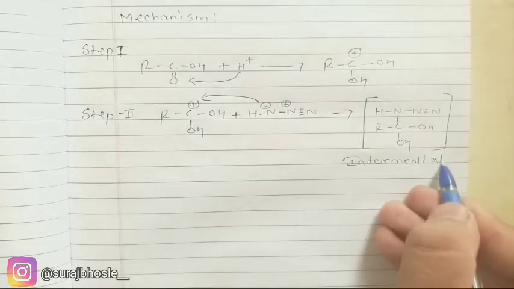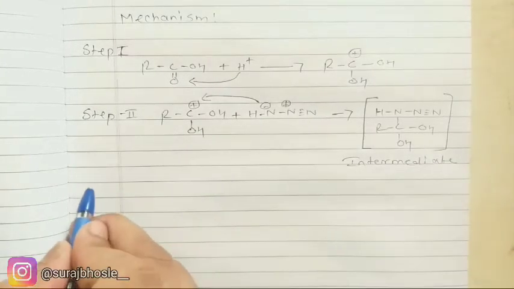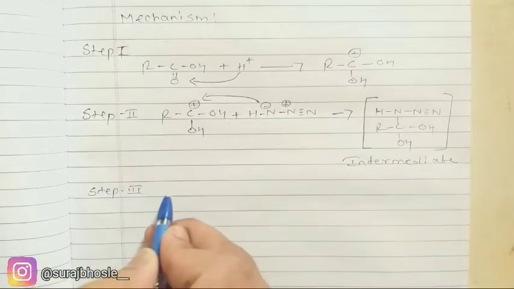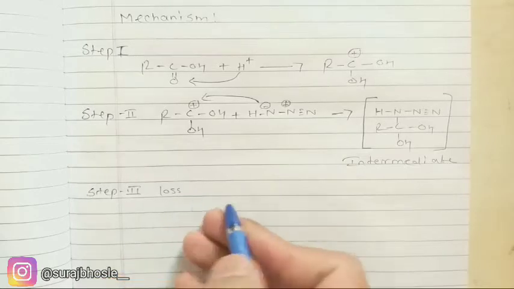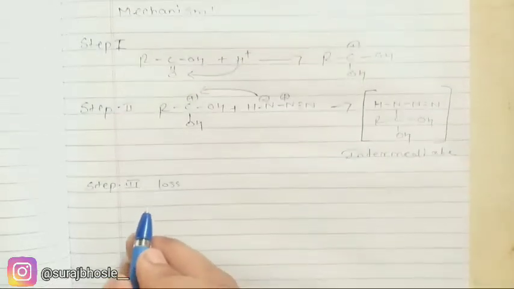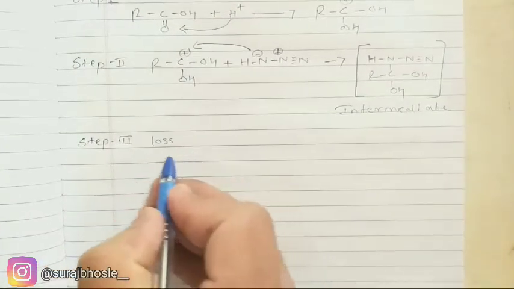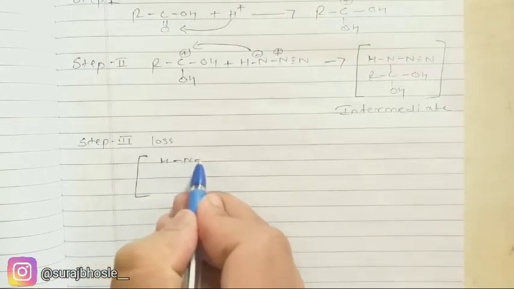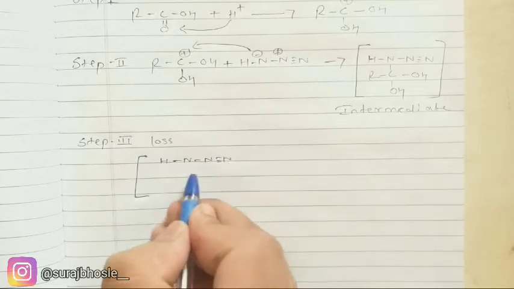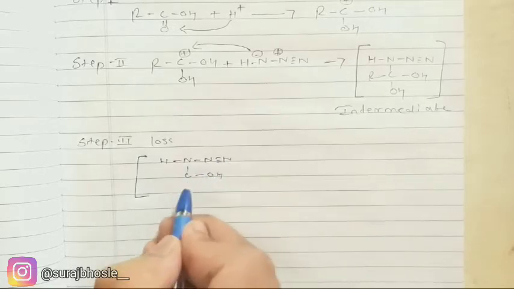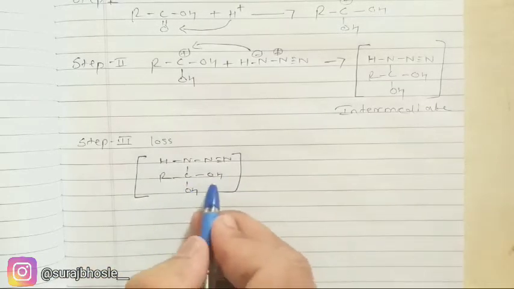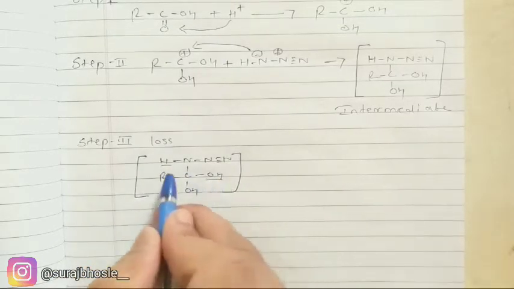Now in step 3, the loss of water molecule is going to take place in this intermediate. This intermediate: H, N triple bond N, C, OH, here R. From this intermediate, loss of water molecule is going to take place.